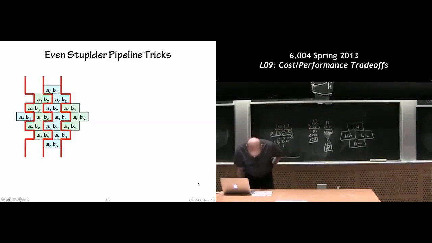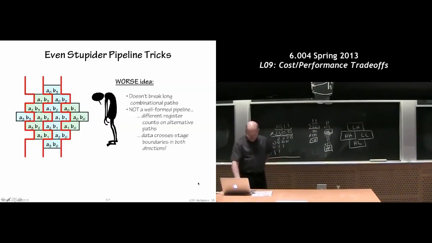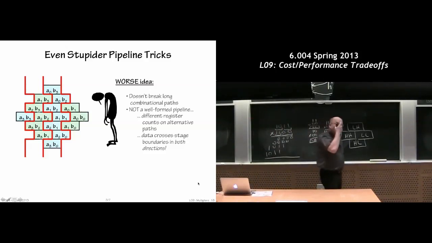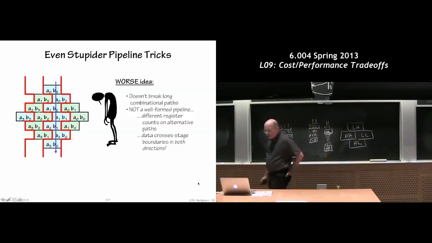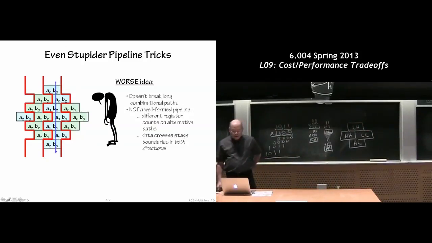Here's a path through the circuitry, the sum bits in this column, in which it sees no registers, and the next one sees umpteen registers. This is just not a K pipeline. So it is possible to draw lots of arcs, but we have to remember to be good about drawing arcs that actually get the job done.